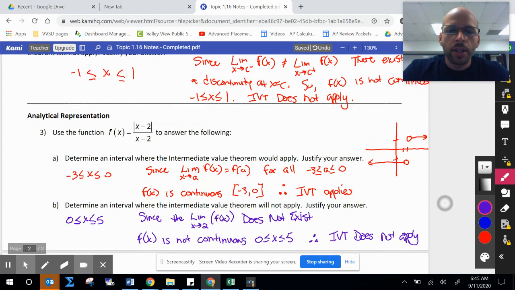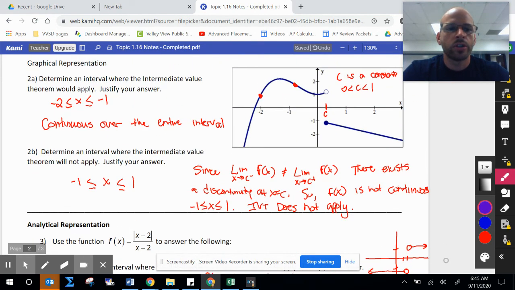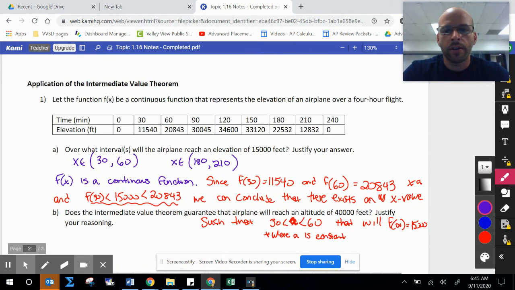All right, so the key connection here is that in order to use this idea of intermediate value theorem, stating that you're going to hit every output between the ones given, you have to state continuity. That connection is very strong. You must provide it in order to receive any credit for intermediate value theorem.